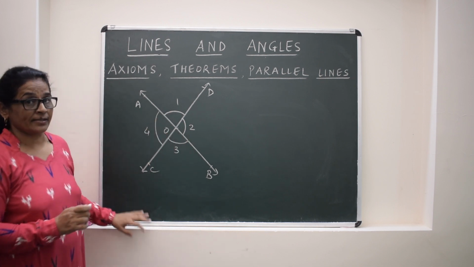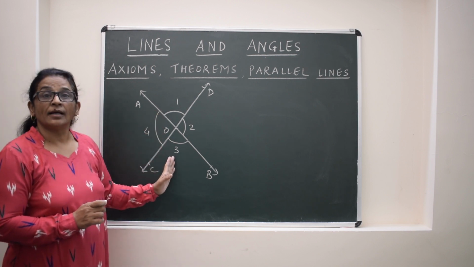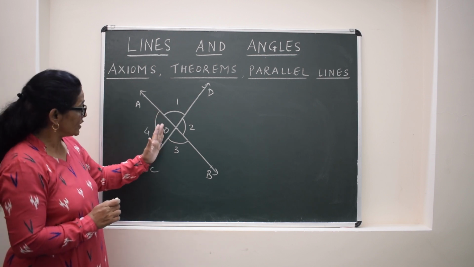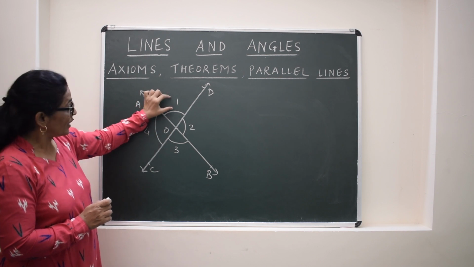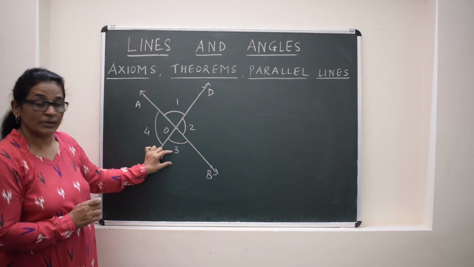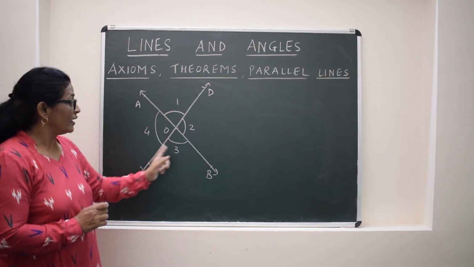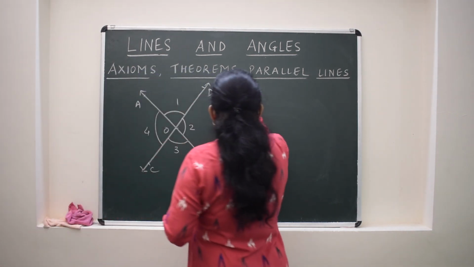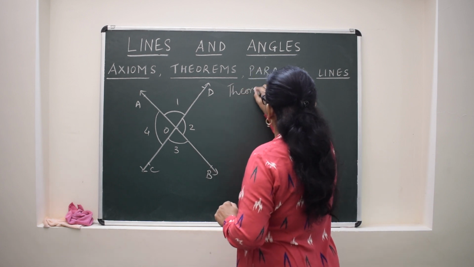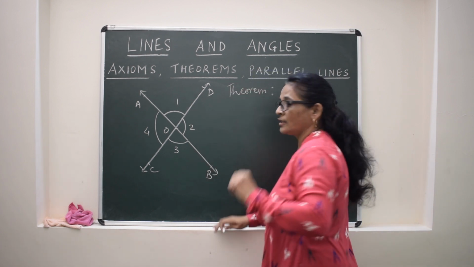The theorem says that the vertically opposite angles are equal. Now which are the vertically opposite angles? Angle 1 and 3 are vertically opposite. Angle 4 and angle 2 are vertically opposite. Means they are equal. So whenever we write any theorem, there are some steps.